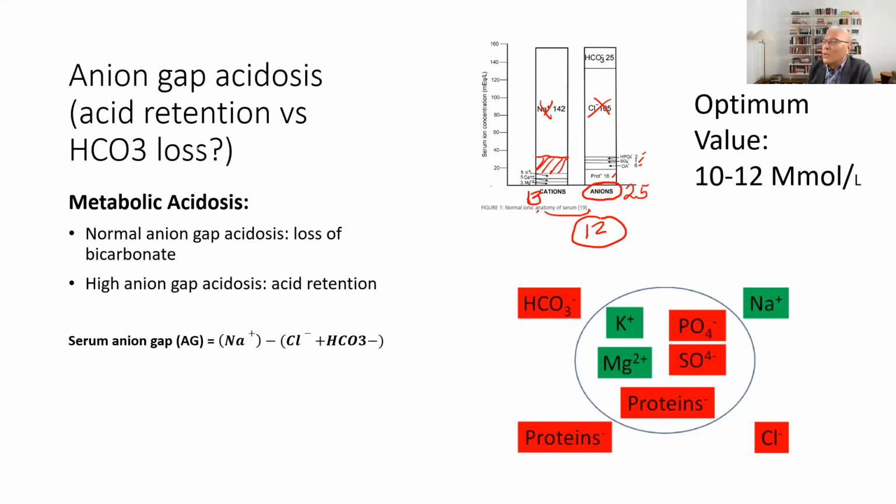Okay. So when we have acidosis, what are the two causes of acidosis? Well, it's either because you have an increase in acids, or you could have a decrease in bicarbonate. Do you understand that so far?